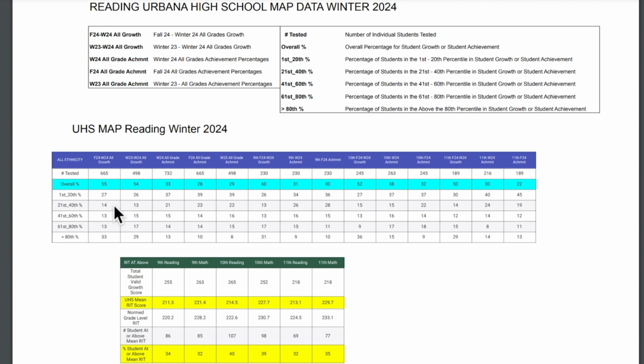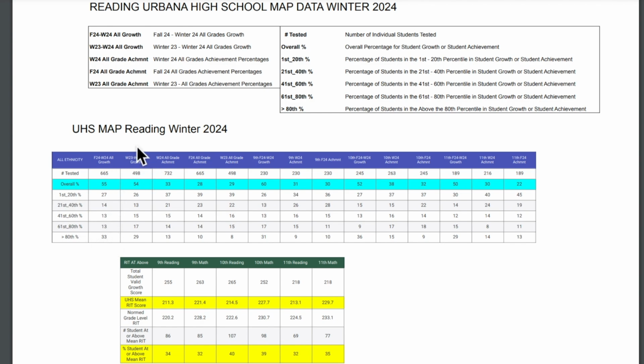The 21st to 40th would be 14%. The 41st to 60th would be 13%. And the 61st to 80th percentile would be 13%. And over the 80th percentile of growth is 33%. So that's the growth measure.